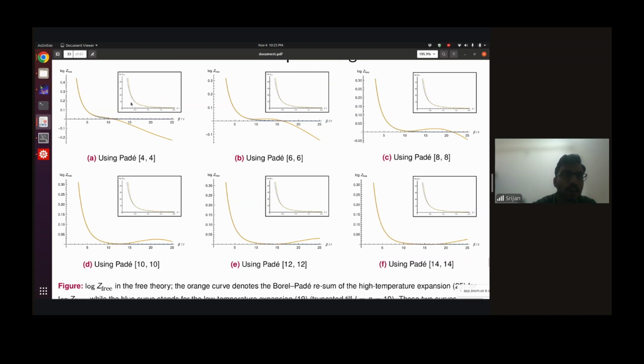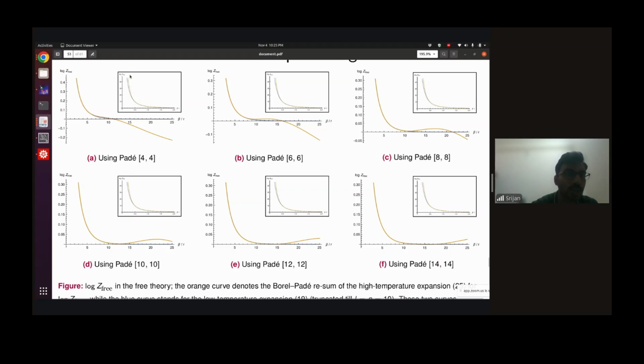Also this question was asked, whether at low temperature, so this blue curve is the low temperature expansion, that should not be a very good approximation when you go in this side, in the smaller values of beta by r. That is being shown in the curves inside the boxes.